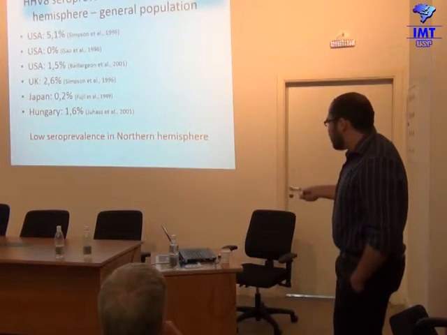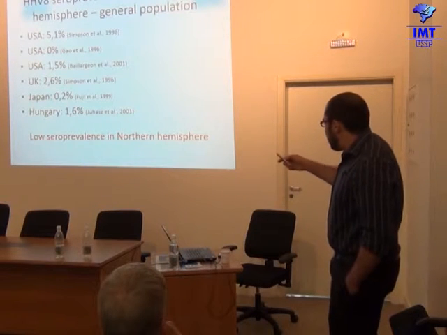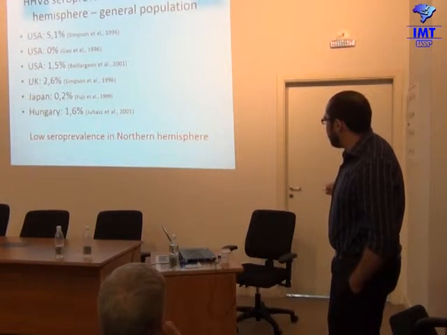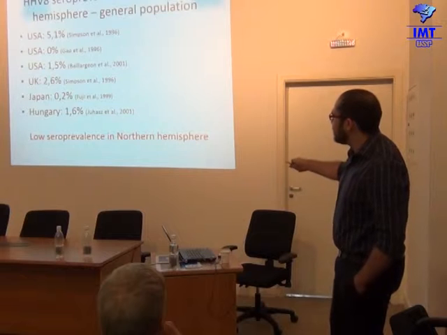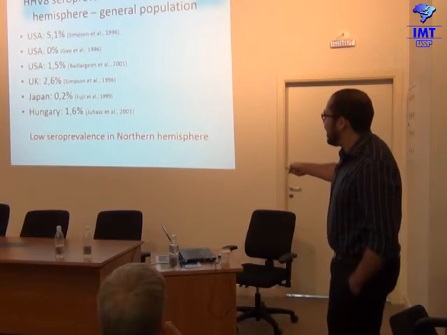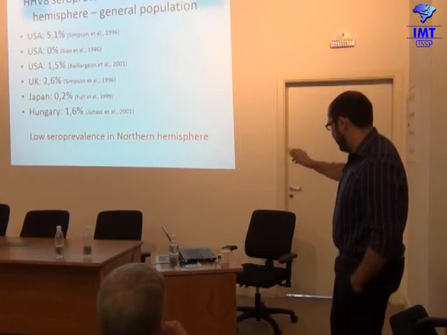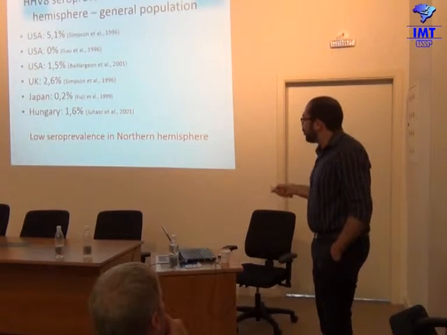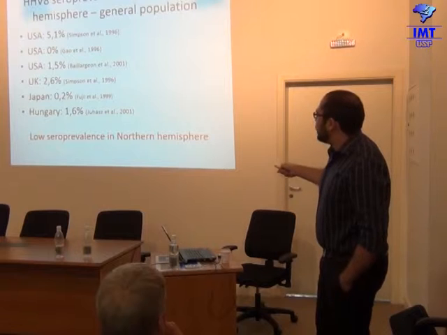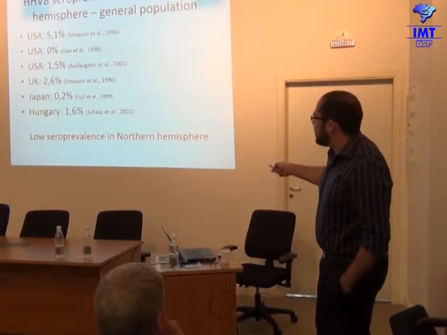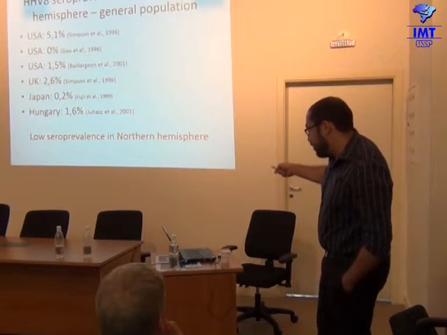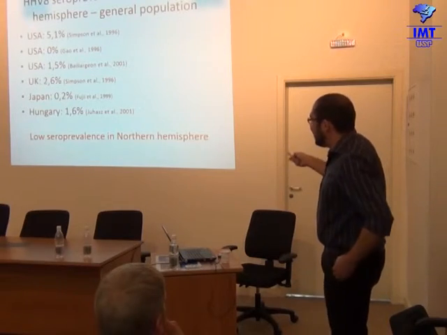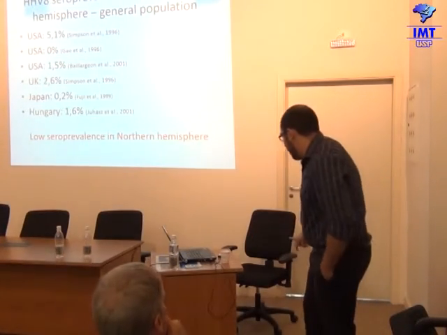We have low prevalence in the Northern Hemisphere. We can see here some studies from USA, UK, Japan, Hungary, the Northern Hemisphere, USA and Europe, with rates ranging from 0% to 5% in the general population.